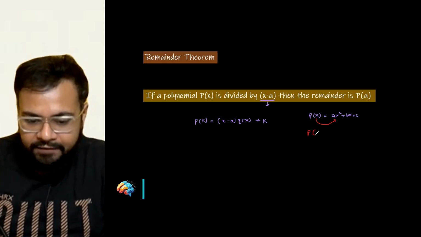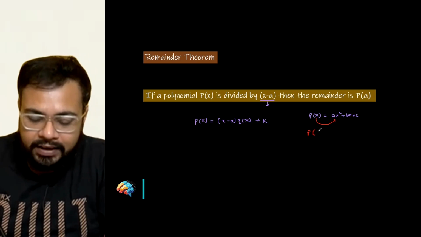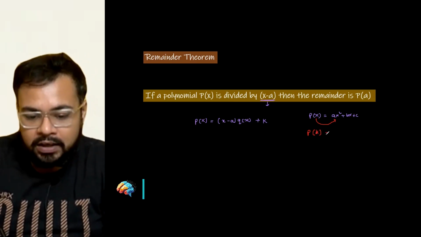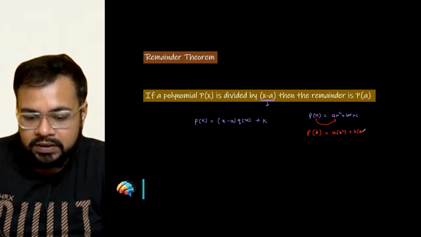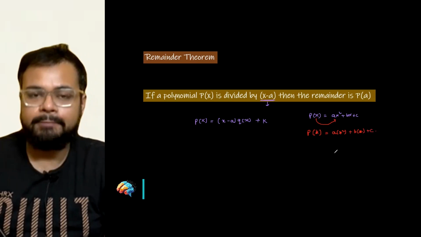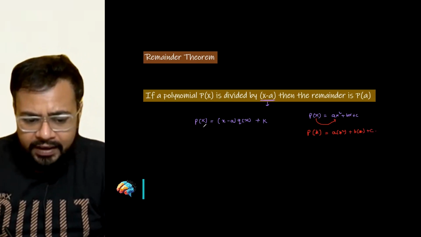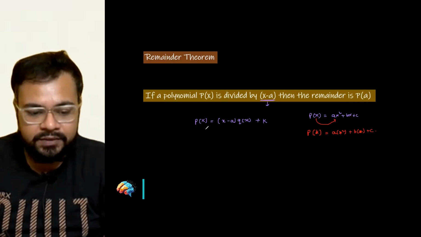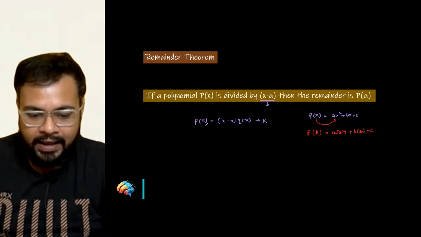I can substitute a number, or I can substitute a symbol, let's say a star. So p of star becomes a star squared plus b into star plus c. Great. Now we want to know the value of p(a). If I substitute a in place of x, let's see what happens.